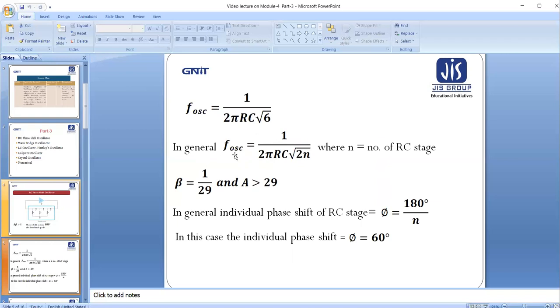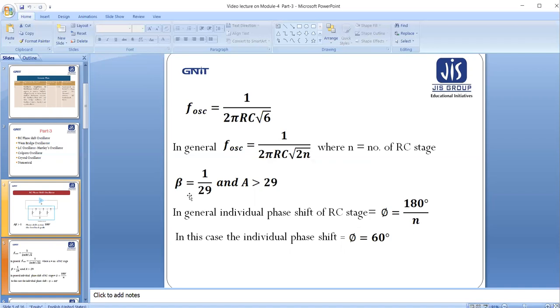Now in general, if we introduce more than 3 RC networks, then what should be the expression of the frequency of oscillation? In that case the general frequency of oscillation will be equal to 1 by 2 pi RC root over 2n, where n is the number of RC stages. In the specific example, as the number of RC stages is 3, it becomes 3 into 2, that is root 6.